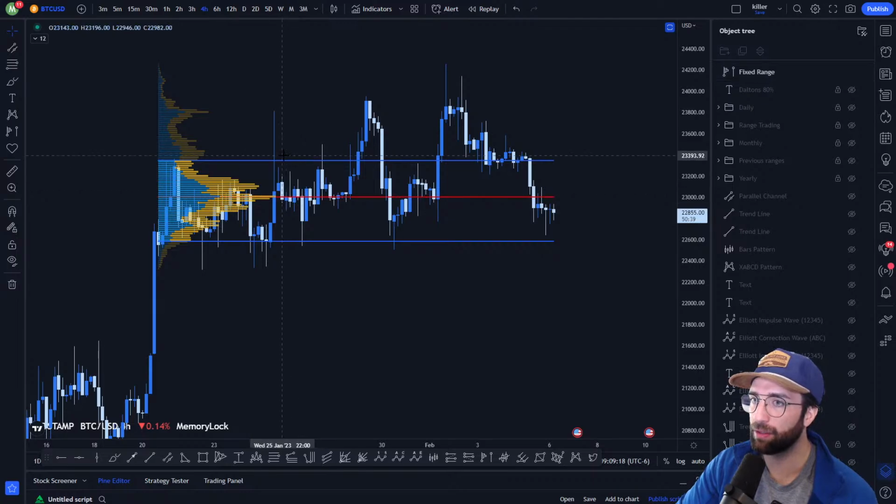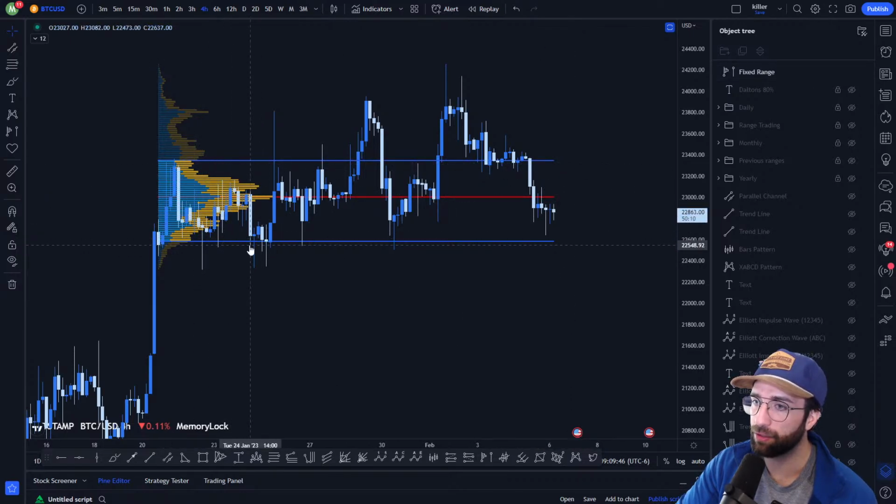And what this ends up giving us for the area that we pulled is a value area. A value area is basically where the most amount of trading volume took place for a specific range that you pull. So for this range, the most volume took place between 22,600 or so and 23,350.